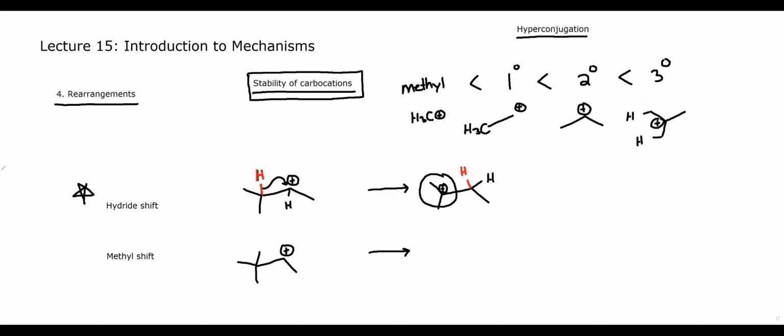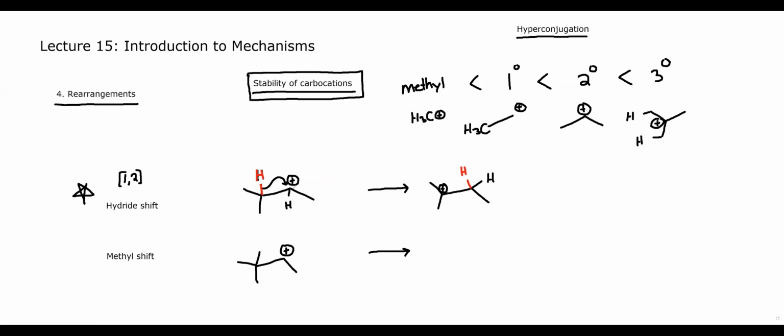So the molecule will spontaneously rearrange itself when given the opportunity in order to stabilize that carbocation, in order to give it a more stable position. So when a hydride shifts over, this is called a hydride shift. Sometimes you'll see it as a 1-2 hydride shift. And that simply means it's shifting over one position from 1 to 2.